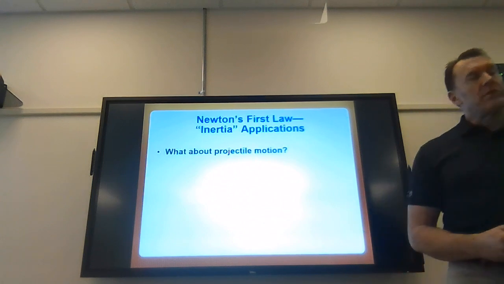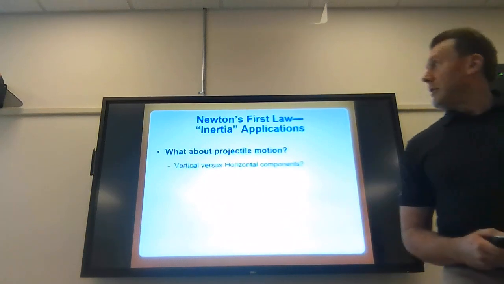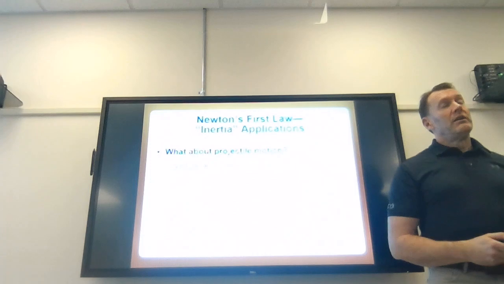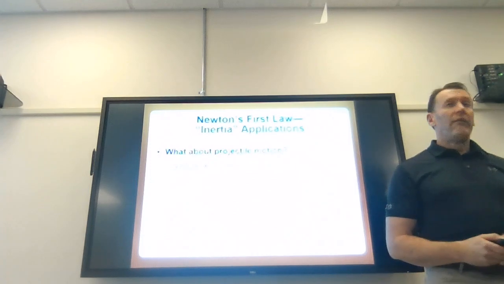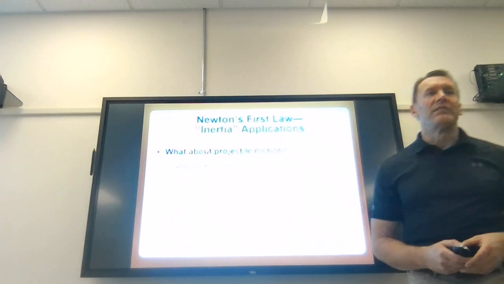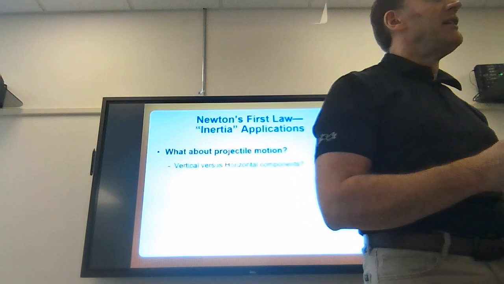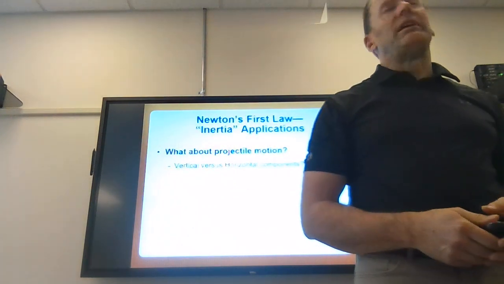In terms of projectile motion, we talked about different components such as vertical and horizontal. Which component does gravity affect? Vertical. And what's the rate of acceleration regardless of whether we are traveling up or traveling down? Yeah, that's right.